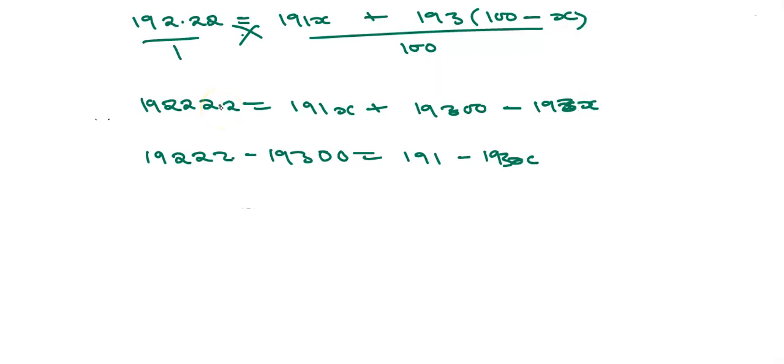Here we remain with negative 2x, so we have negative 2x equal to negative 77.8.